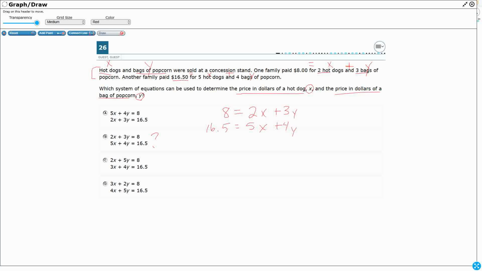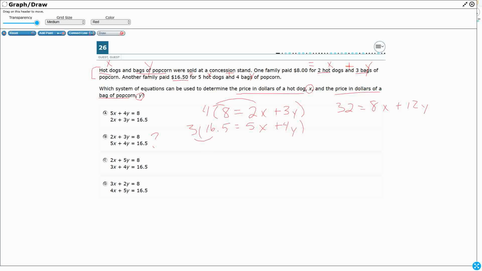Again, we get an X and a Y. All right, so I don't really see anything super quick. So let's get 12s. Let's multiply this by 4. Let's multiply this by 3. That's going to give me 12Y. So that's going to be 32 equals, I'm just going to distribute that out, 8x plus 12y.